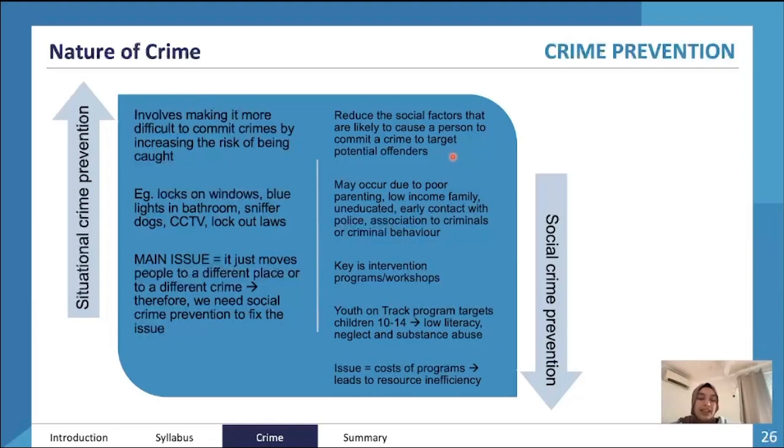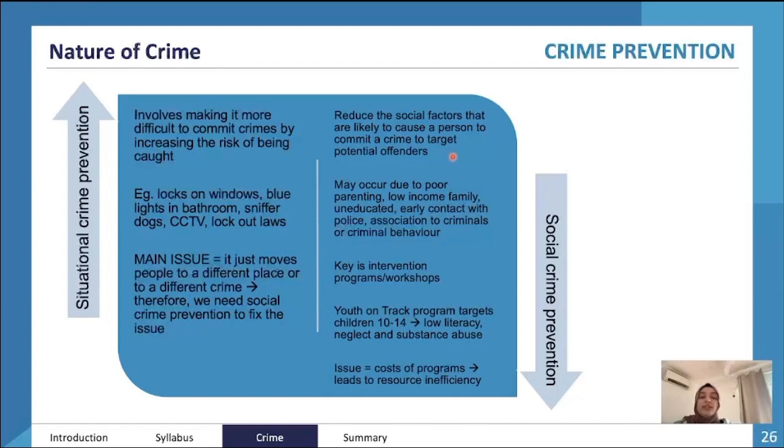Early contact with the police, association with criminals or criminal behavior, where you fall into that cycle and it's very hard to come out of it. There are a lot of cases that I've read where a lot of these factors have applied to people who have committed crimes. So that's really important to note. We want to reduce these factors so that these people don't fall into this cycle that's very difficult to get out of.